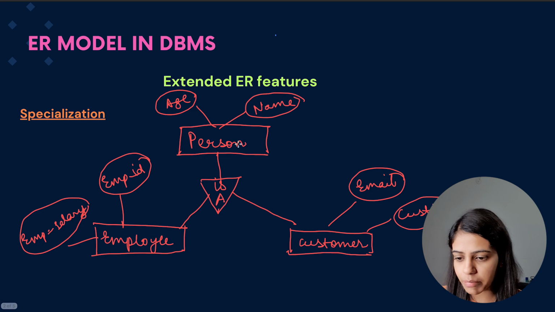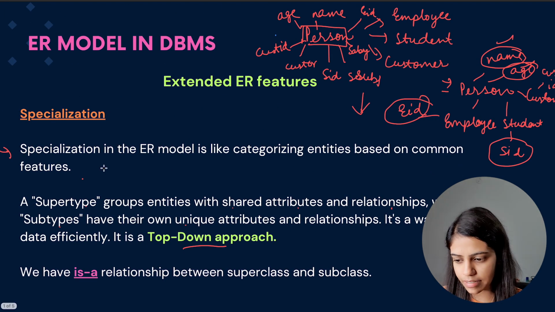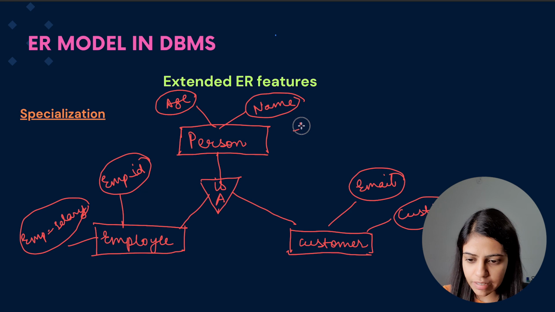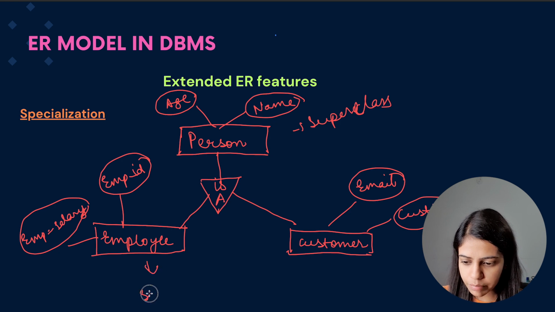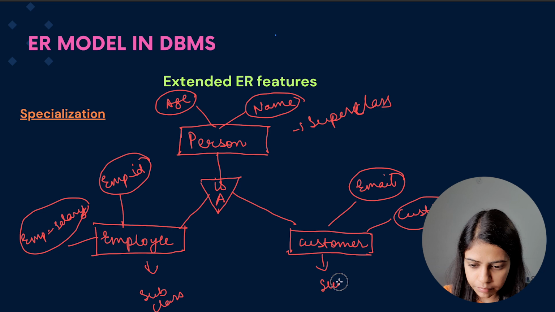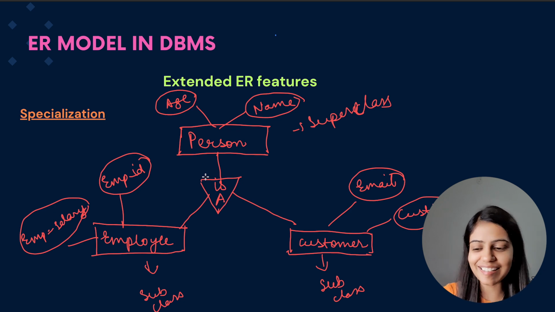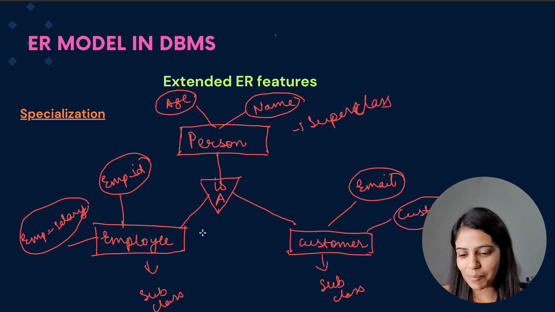So let's understand from an example. Here it is a person. We have a relationship between the superclass and the subclass. Person is the superclass, and employee and customer are the subclasses. There is an is-a relationship between person, employee and customer.